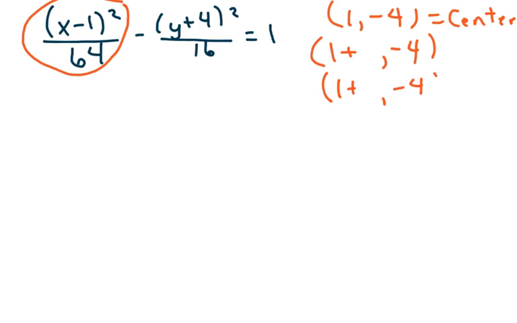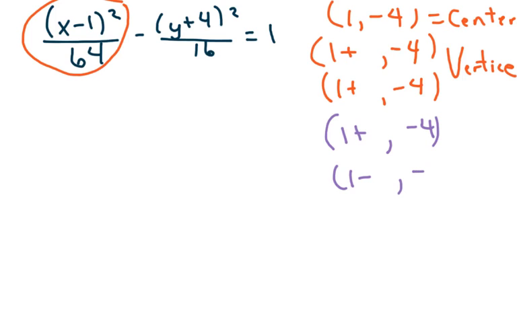So I'm just copying it down. So this would be your vertices. And for the foci, I do the same thing. It'd be 1 plus something and -4, and 1 minus something, -4. And this is your foci, plural for focus.